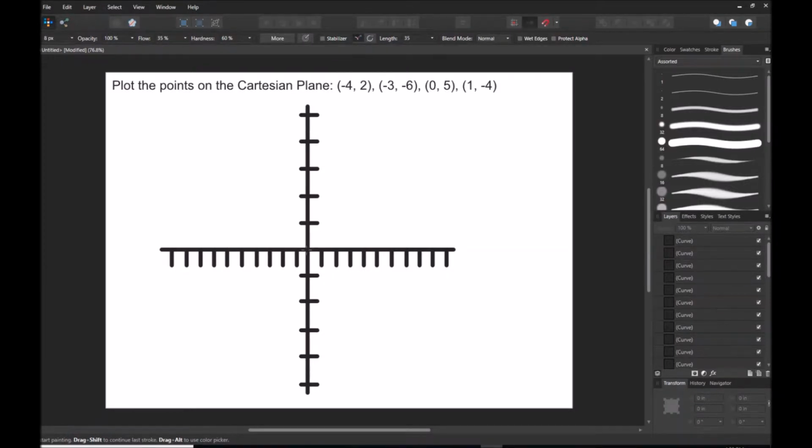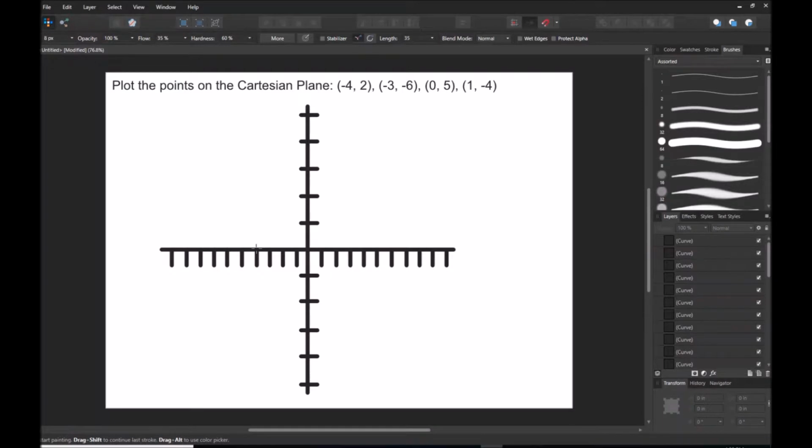So any point in the negative x region will be to the left of the origin, and any point in the positive x region will be to the right of the origin. So we count 4 spaces left of the origin, 1, 2, 3, 4, and then because it's +2, positive y values will always be above the origin, and negative y values will always be below the origin.